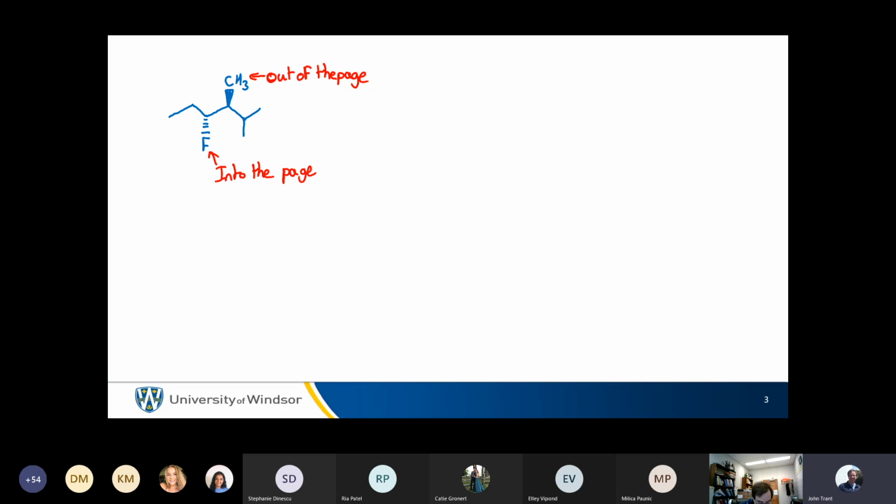So, note wedges get bigger as you get further from the plane. So the widest end of the filled-in wedge coming towards you is closest to you.